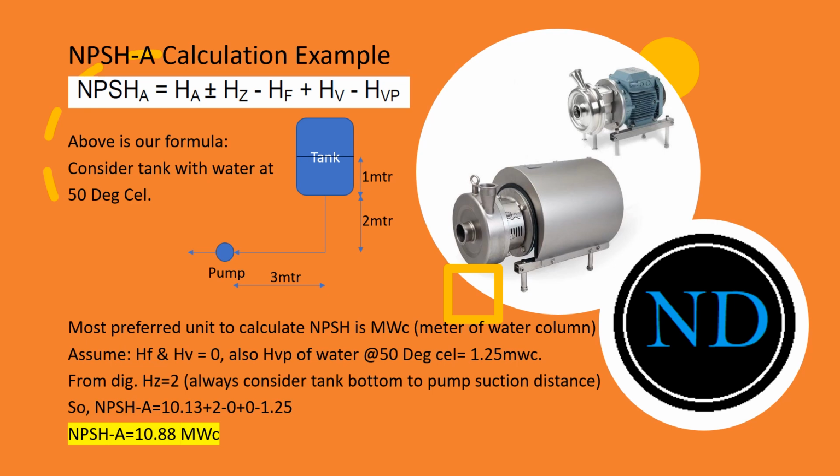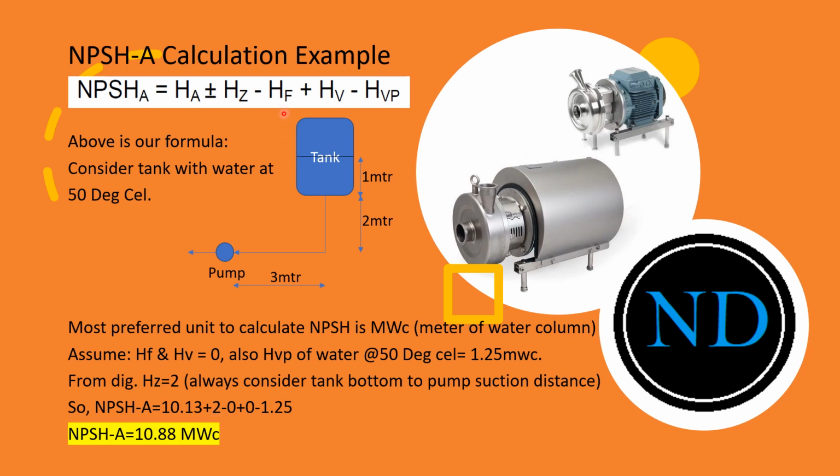So now for our calculation, we will assume that HA is 10.13, okay, HZ is the 2 meter height, minus HF.